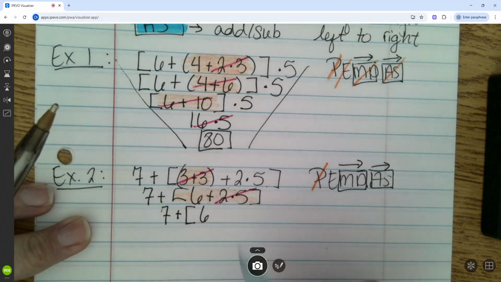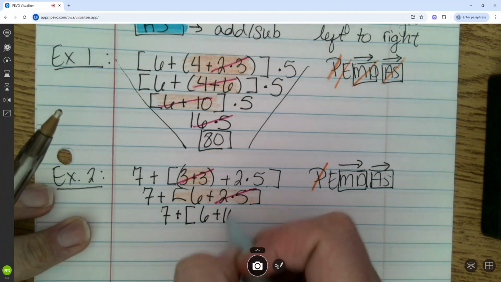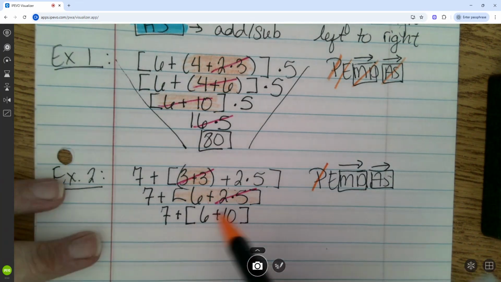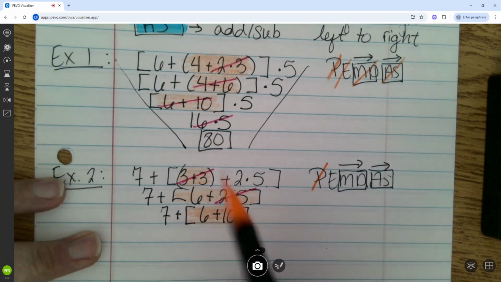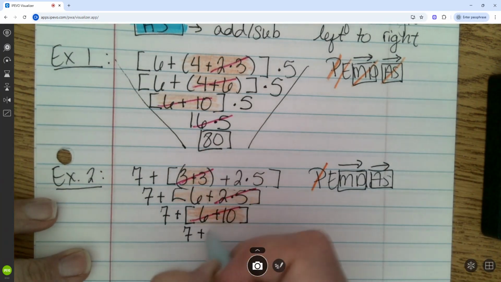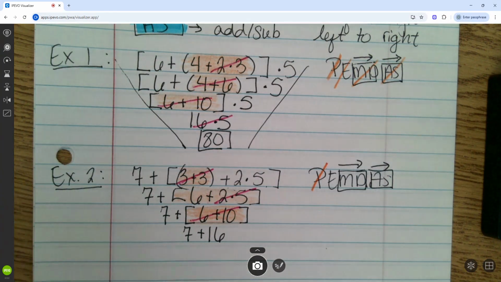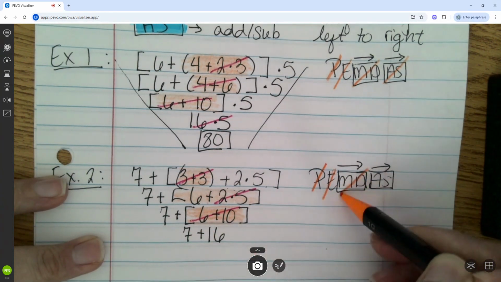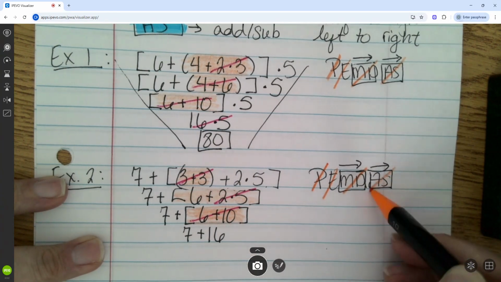I'm not done inside my brackets, so I'm continuing to bring those down. Still have my brackets. My last step will be to add. Okay, my grouping symbols are gone. I have no exponents. I don't have multiply or divide. I'm down to my last step, add or subtract.